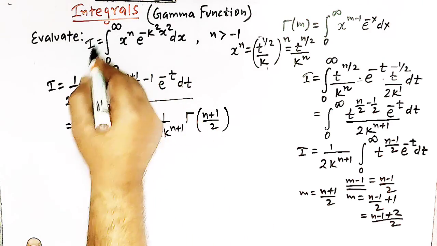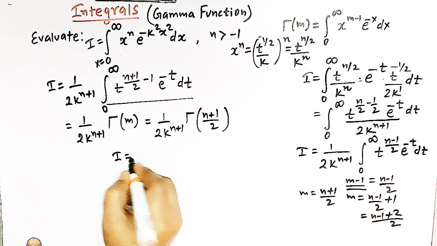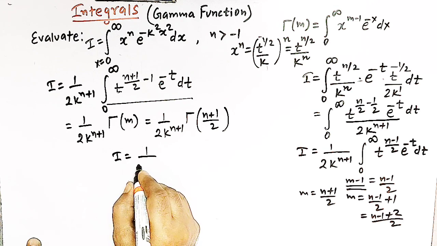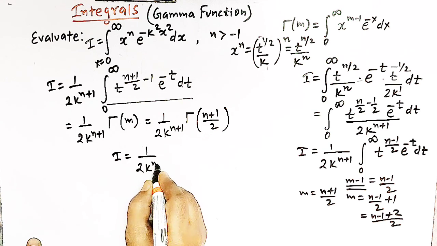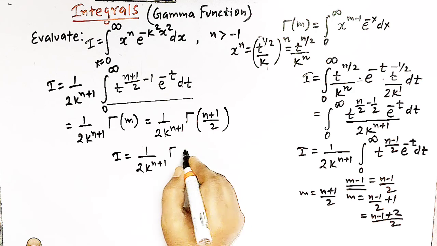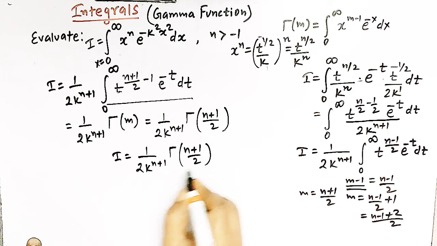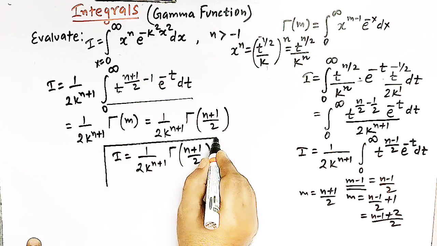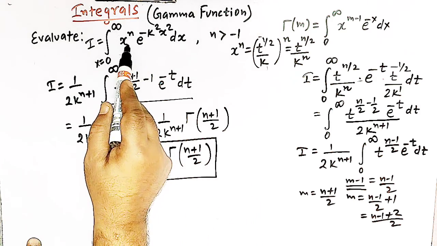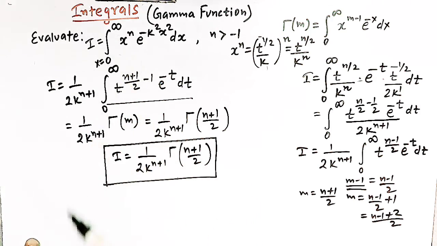So the value of this integral I can now be written as 1 over 2 times k raised to n plus 1, and here we have gamma of (n plus 1) over 2. So this is the required value of this integral.